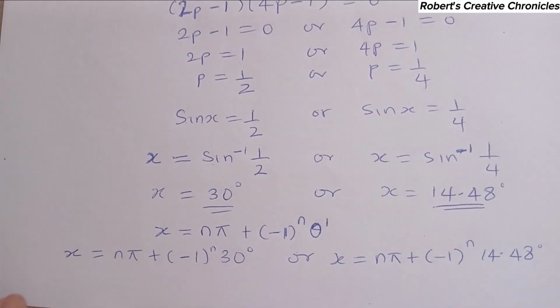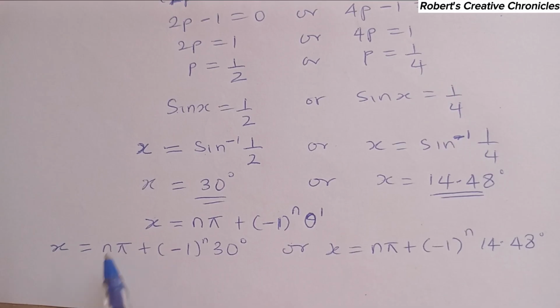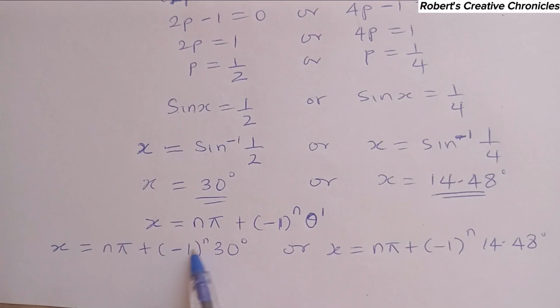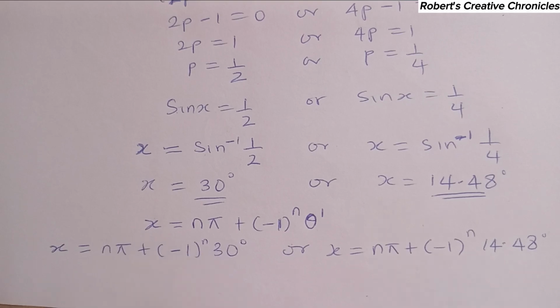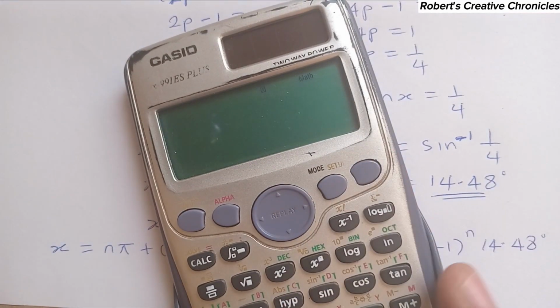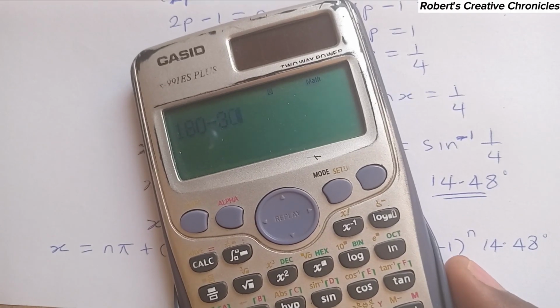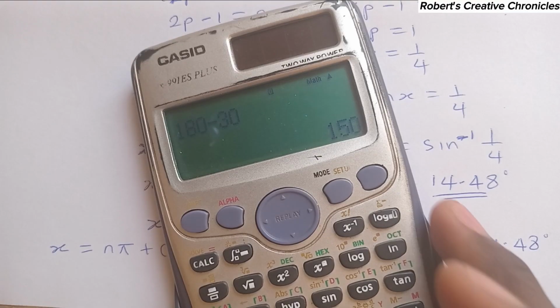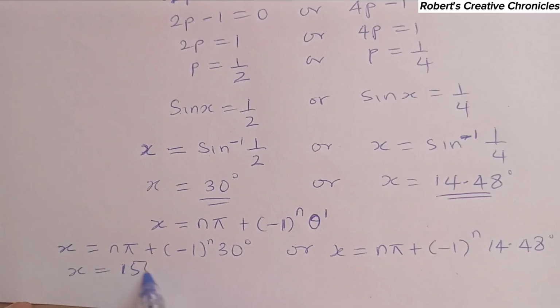So if we take n as 1, pi is 180. Then minus 1 to the power of 1 is minus 1, so it will be 180 minus 30 degrees, which is 150 degrees.